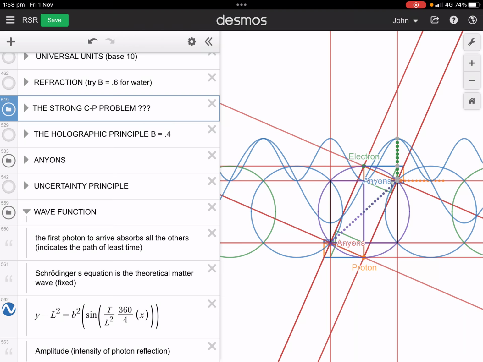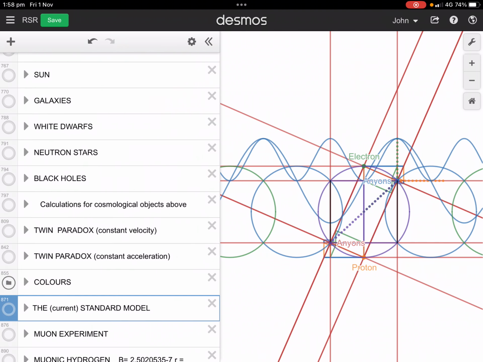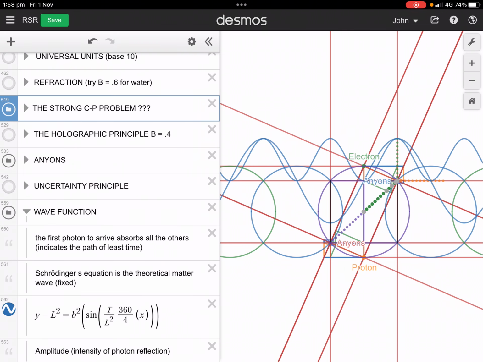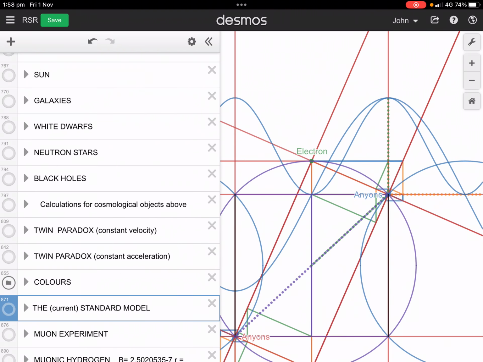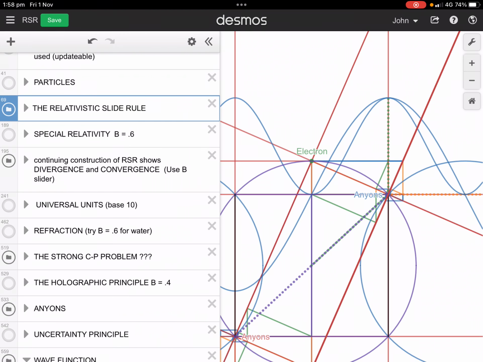I'd say the photon actually only goes through one, and because the relativistic slide rule is relativistic, I don't have to worry about making it relativistic. It's already relativistic, and on top of that, I don't have to worry about the particle reacting against the field, because all of its properties are in the field.